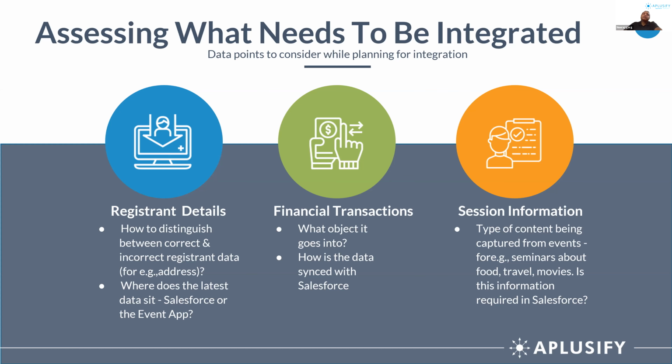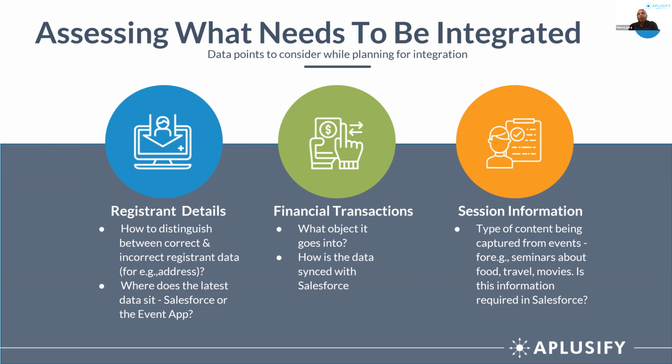And it's not important that you move all the data from one system to another. There may be certain things that you don't want to move into AMS or Salesforce. Maybe there is some content, like your users' preferences, which you just want to keep in the event app. You don't want to move it into AMS because that does not make sense.